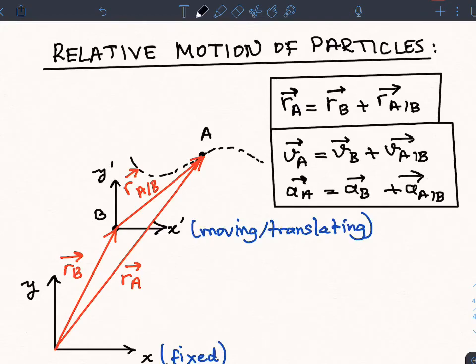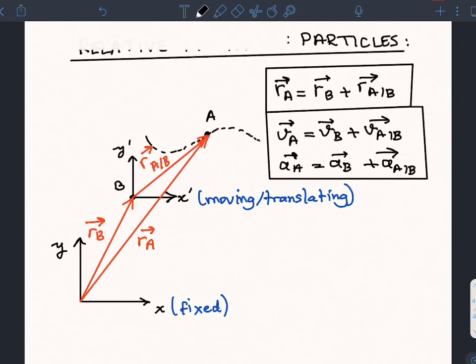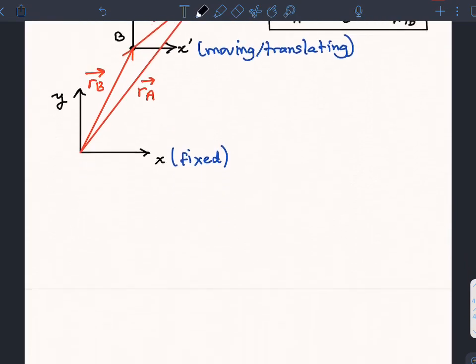Okay, so how can we make this more concrete situation? Think about you are moving on a plane. Let's say, how can we explain this? We can explain this like this.